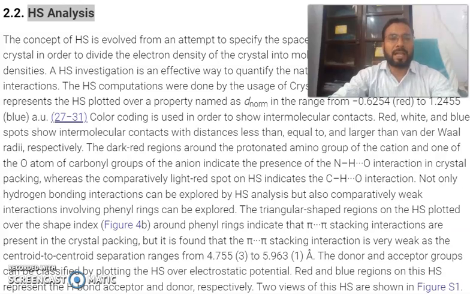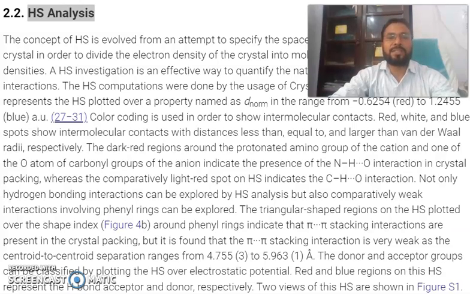A Hirschfeld surface investigation, or HS investigation, is an effective way to quantify the nature of the intermolecular interactions. What does it mean? You quantify the nature of the intermolecular interaction.